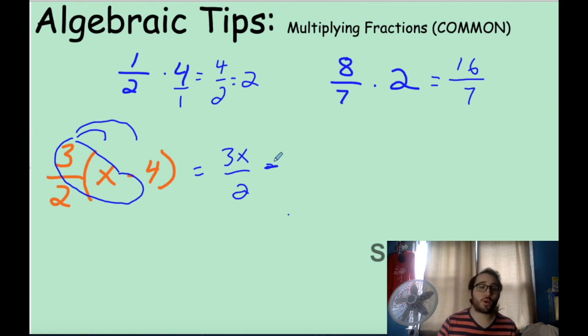Similarly, 4 times 3/2, you can do it the same way. You could do 4 times 3, which is 12, then 12 divided by 2, and you'll get your answer.